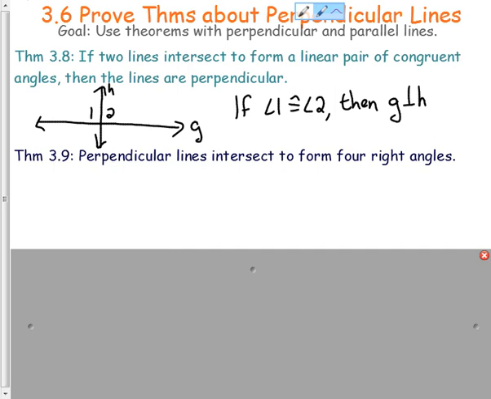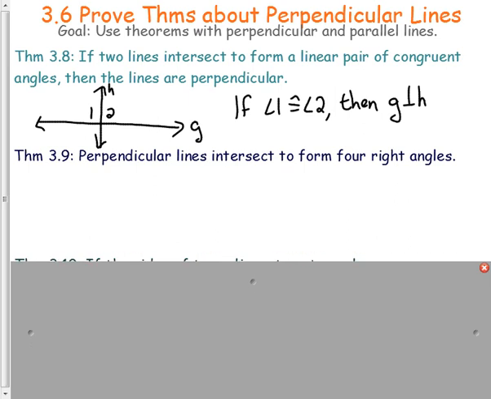Theorem 3.9, perpendicular lines intersect to form 4 right angles. This is one we use a little bit more. So we're going to draw ourselves a pair of perpendicular lines. And we'll draw the box here to show that they are perpendicular.